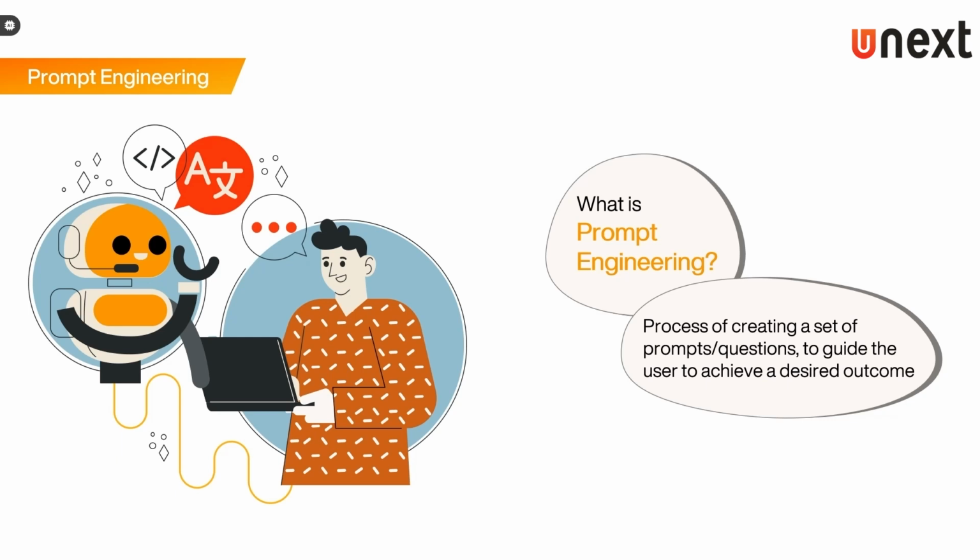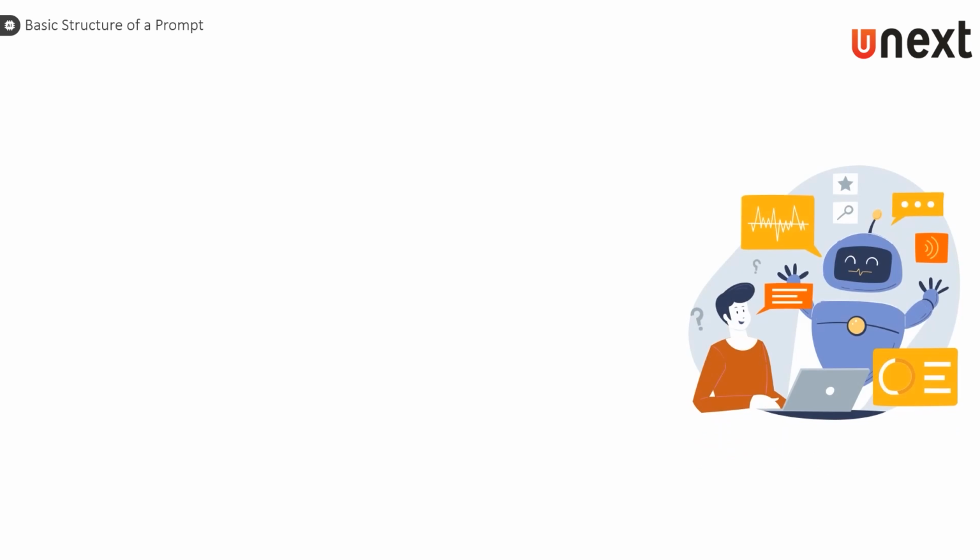Small changes in the prompt can lead to significant variations in the output. Just as better ingredients can make a better lunch, better inputs into a generative AI model can make for better results. First, let's understand the basic building blocks while creating a prompt.